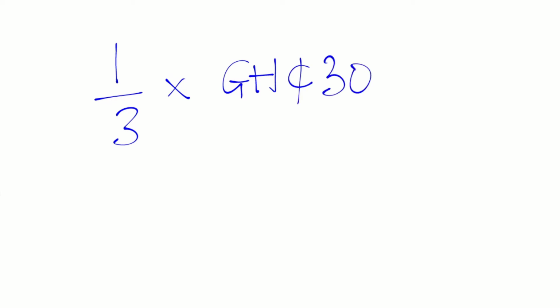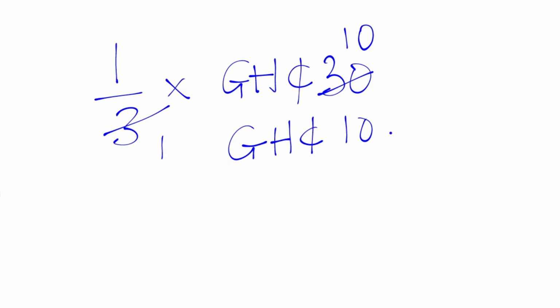So we multiply the fraction 1 over 3 by 30 Ghana cedis. We can cancel this 3. This 3 goes into itself 1. It goes into the 30 10 times. And so 1 over 3 of 30 Ghana cedis is 10 Ghana cedis.